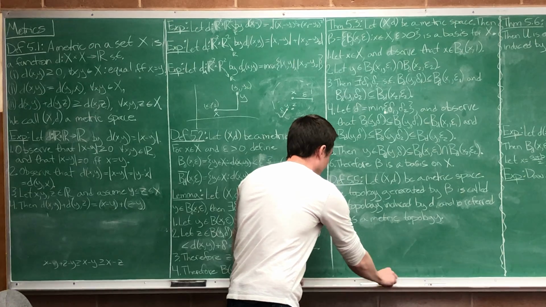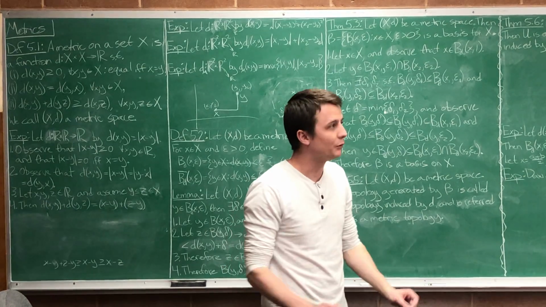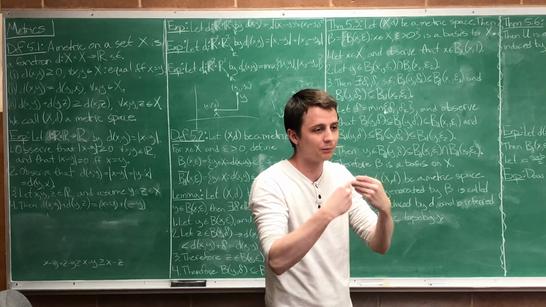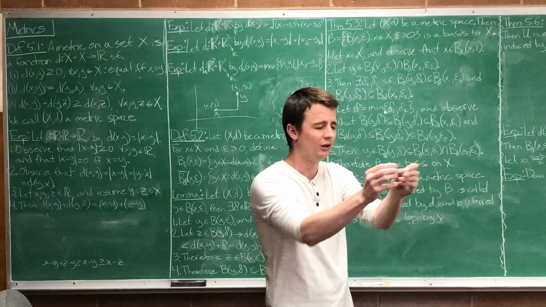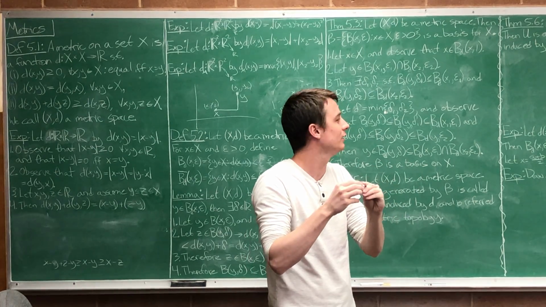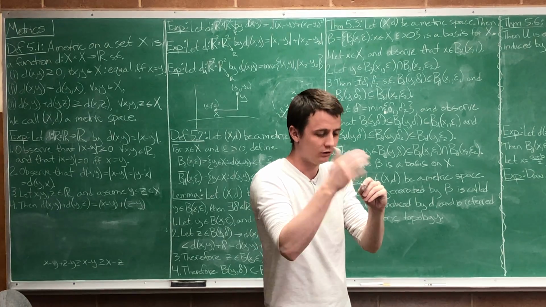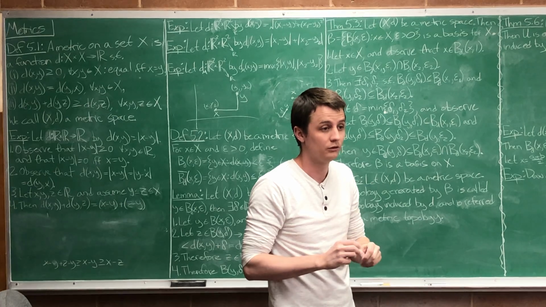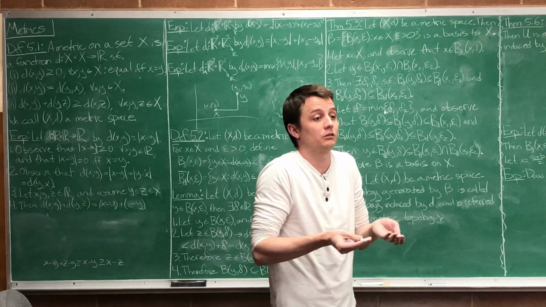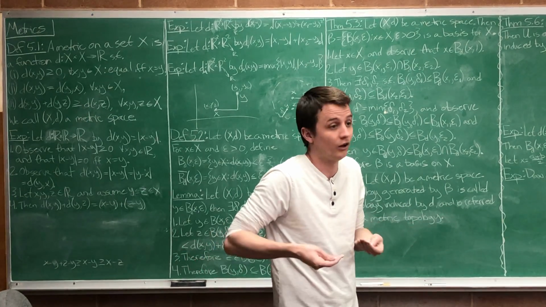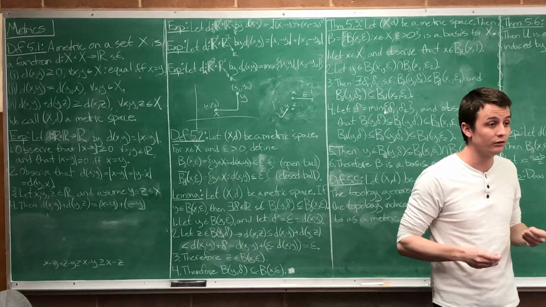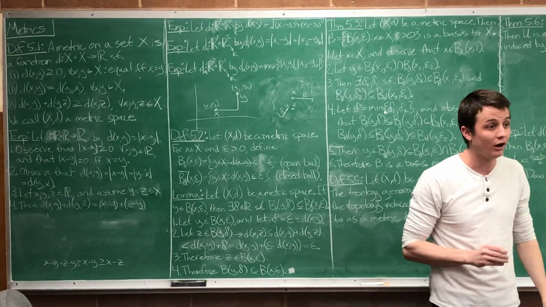So in a topology, think about it this way. If I'm a topology and you give me 2 points, all I can do is answer the question: yes, those are close, or no, they're not close. That's all I can answer if I'm a topology. If I'm a metric space, you give me 2 points, I can tell you exactly how close they are.